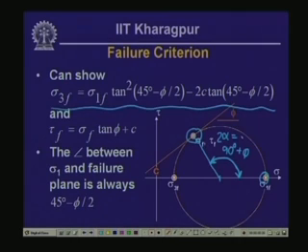So that gives us alpha is equal to 45 degree plus phi by 2. Now since the plane on which sigma 1f is occurring is at 90 degree to the direction of sigma 1f, what we have is the angle between sigma 1f and the plane at which the failure is taking place is going to be given by 45 degree minus phi by 2.